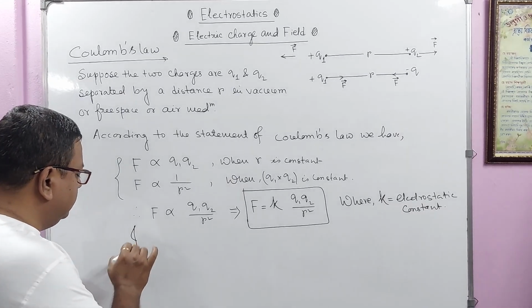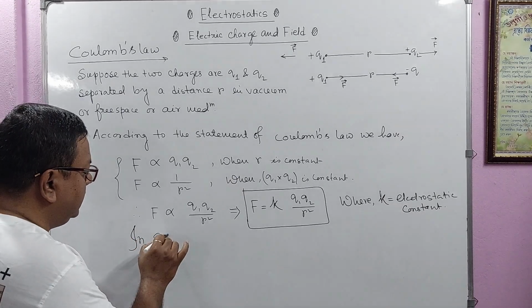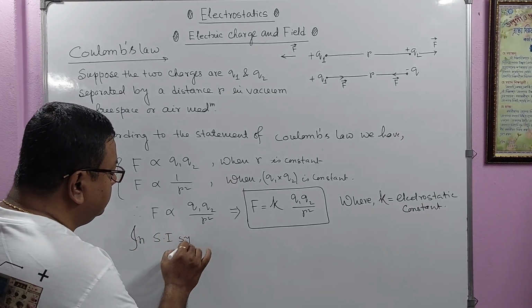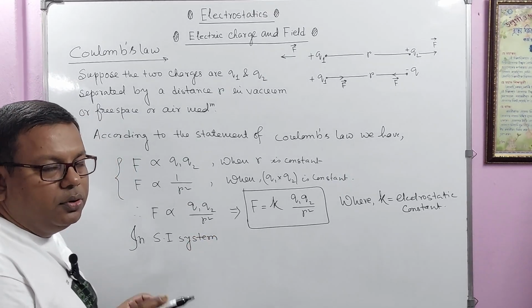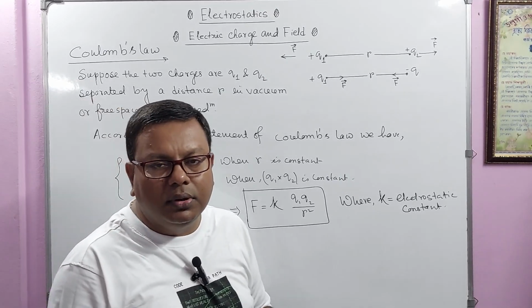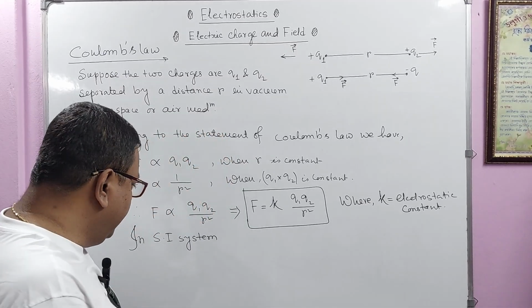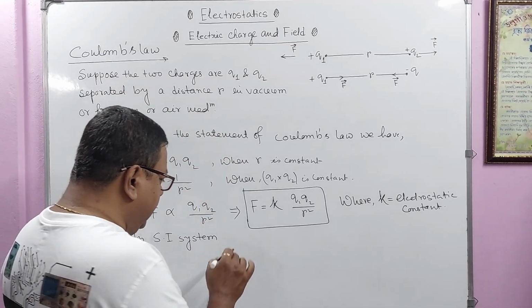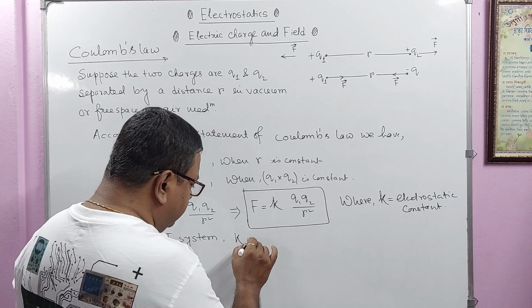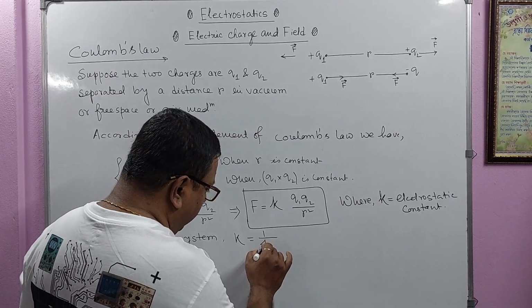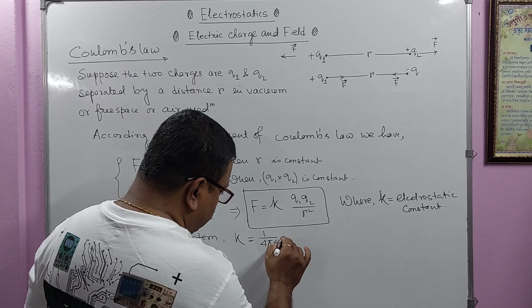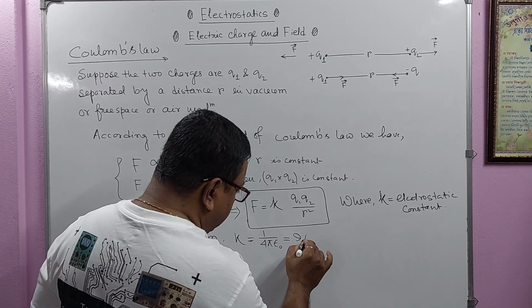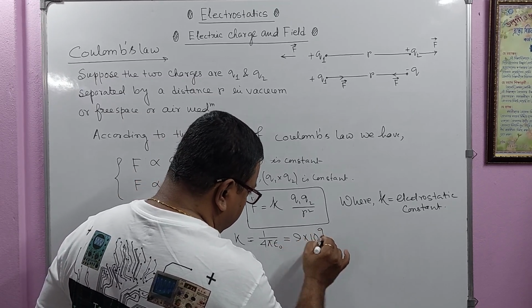In SI system, we are actually interested in SI system, not in CGS system, according to NCERT syllabus. Okay. So in SI K equal to 1 by 4 pi epsilon naught and its value is 9 into 10 to the power 9.